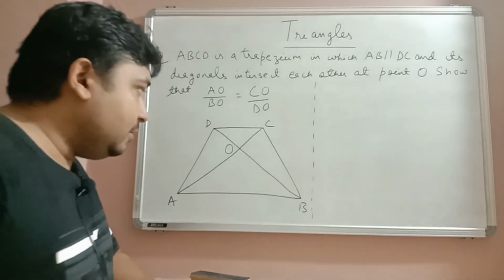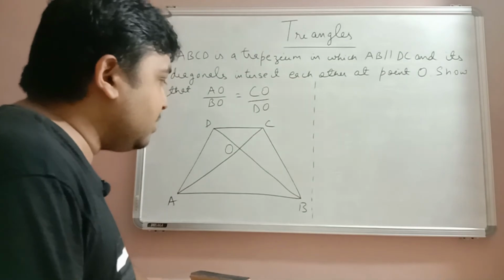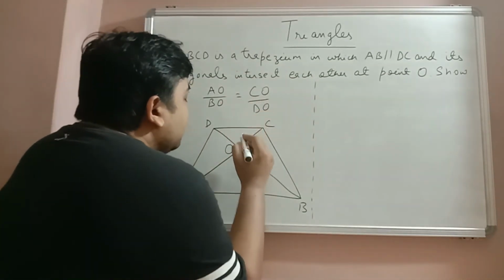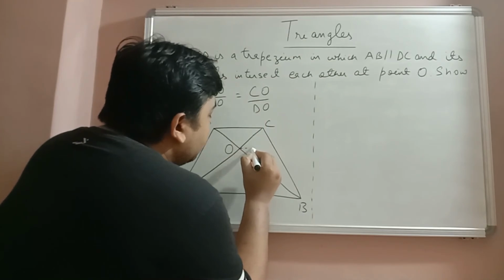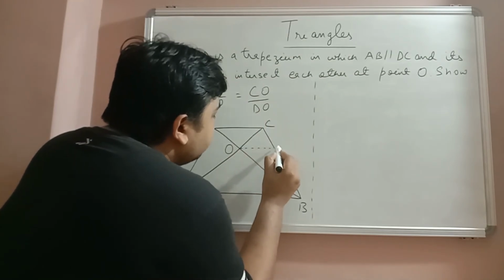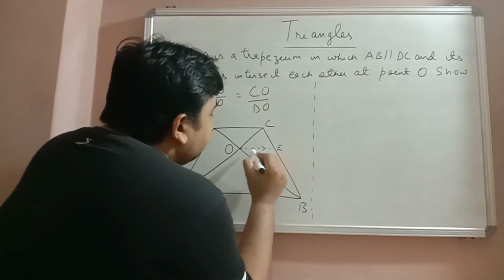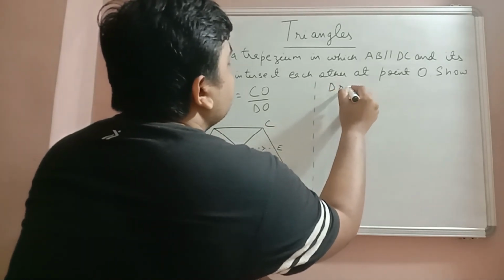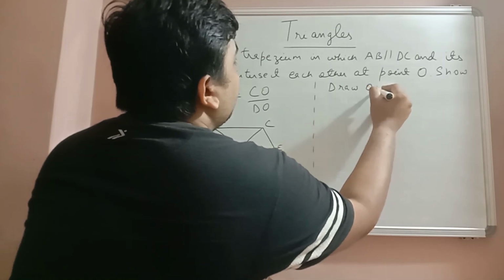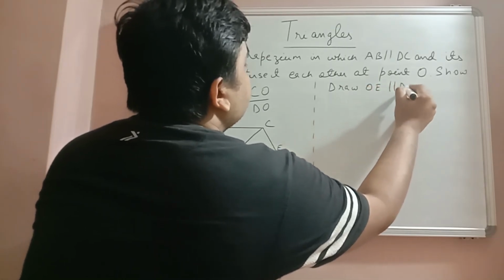Alright, in this we need to draw some construction. So let us draw a line OE parallel to DC.